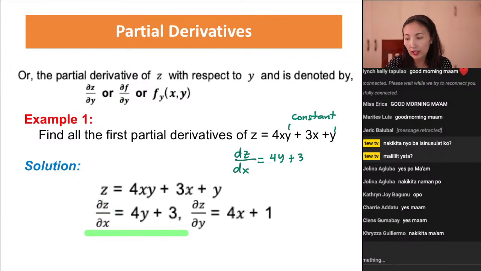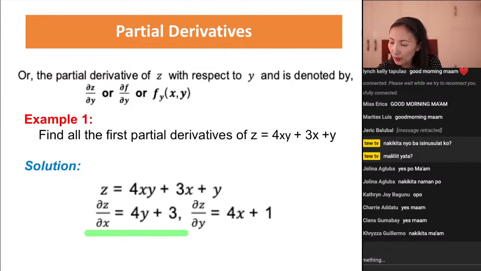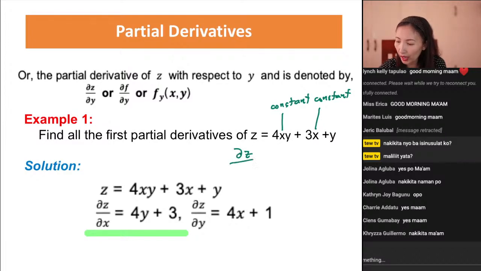How about if we differentiate it with respect to the variable y? If it's the variable y, then we treat x as a constant naman. So which is the constant when y is the variable? x will be constant. So, the partial derivative of z with respect to y will be, this is constant.